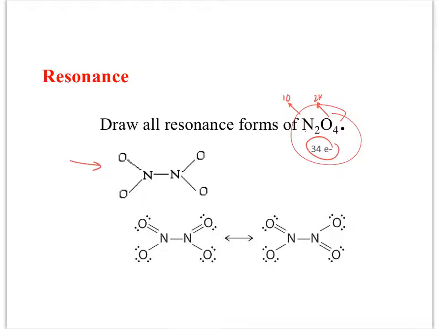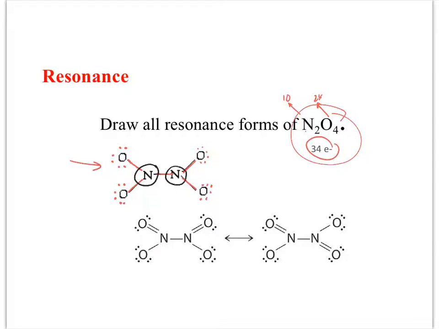So right now, 1, 2, 3, 4, 5 bonds have been drawn in. So 10 electrons are drawn. I have 24 electrons left. So I fill in my peripherals, 6 electrons on each oxygen. So I'm out of electrons, but my problem here is that this nitrogen only has 6 electrons.